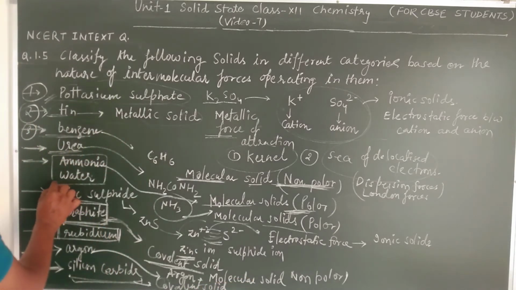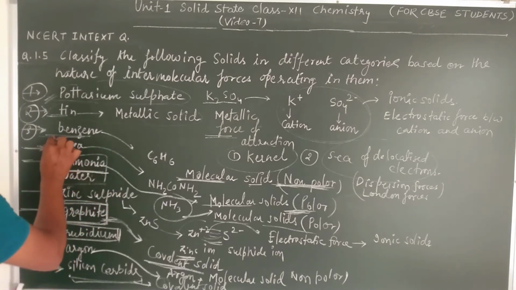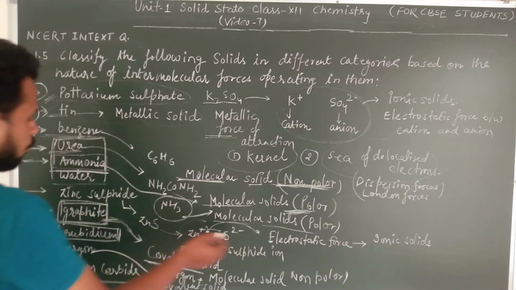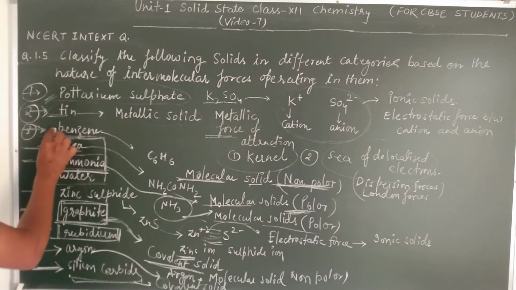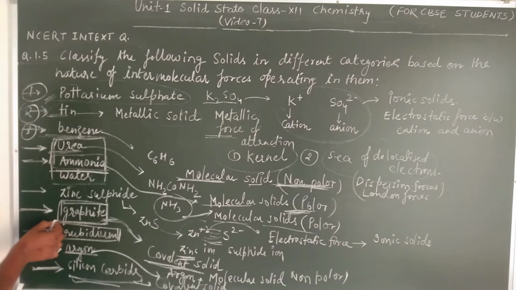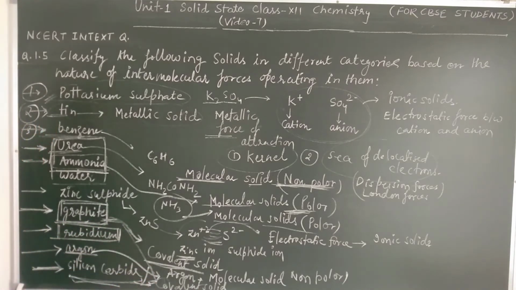And water, ammonia and urea, they are all molecular solids, polar molecular solids. Benzene and argon are non-polar molecular solids. Silicon carbide and graphite are both covalent solids.